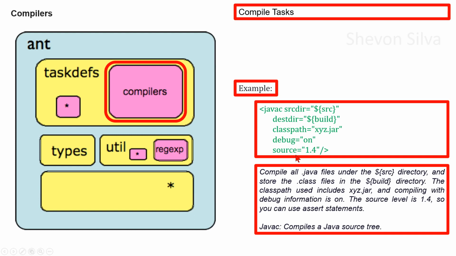Here you can see the source attribute, Java language features accepted by the compiler as specified by the -source command line switch.